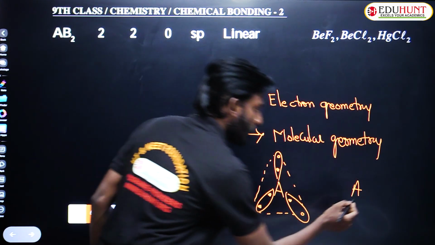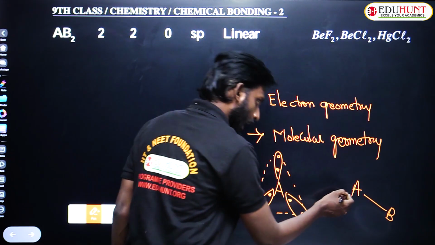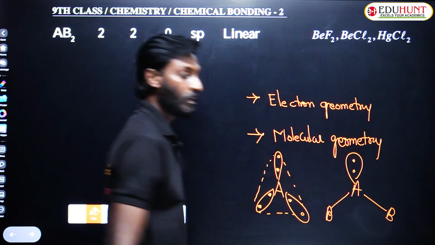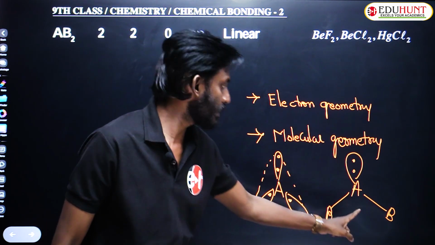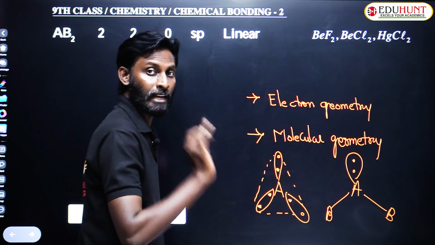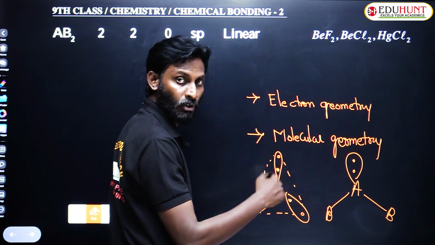Then one bond pair has a bond to a side atom, another bond pair likewise, and this is the only lone pair. Now this is called molecular geometry.